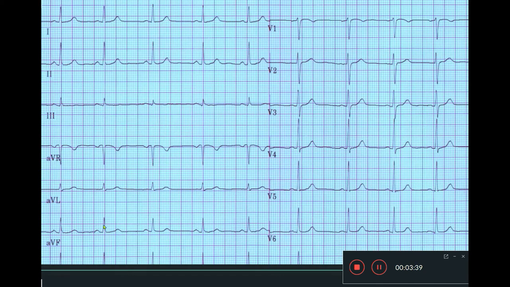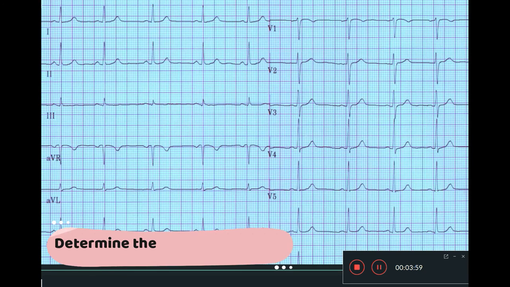Then look at AVF. AVF also doesn't have an S wave, so it is also positive. If you remember the circle, Einthoven's triangle, lead 1 is at 0 degrees and AVF is at plus 90 degrees, so the axis is lying between 0 and 90 degrees.